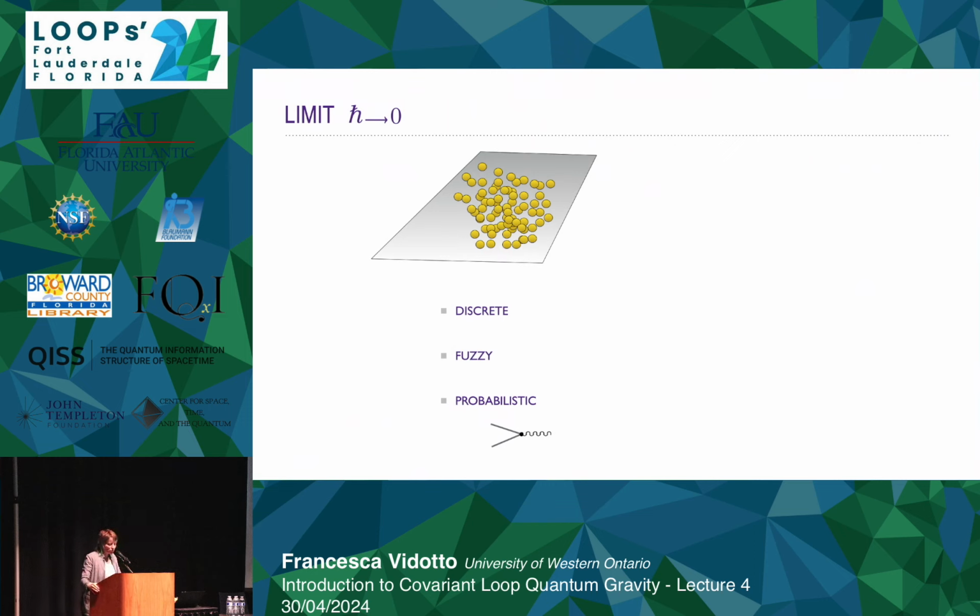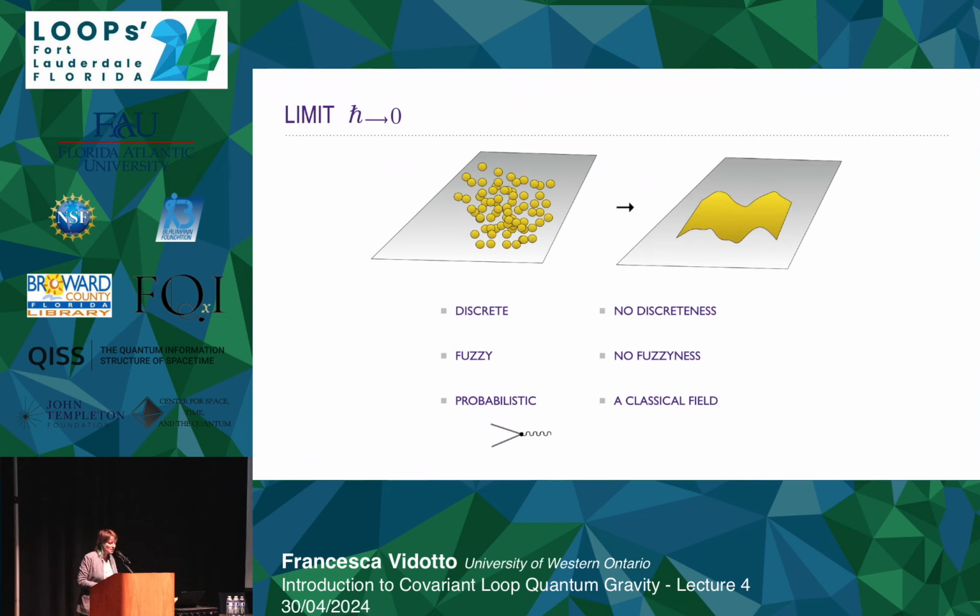So h bar going to 0: if you have a generic theory, say with photons, your favorite quantum theory, in which you have discreteness because you see quanta, you have fuzziness, and you have probabilities, possibly described by some Feynman amplitude. And you take the classical limit, and you remove the discreteness, you remove the fuzziness.